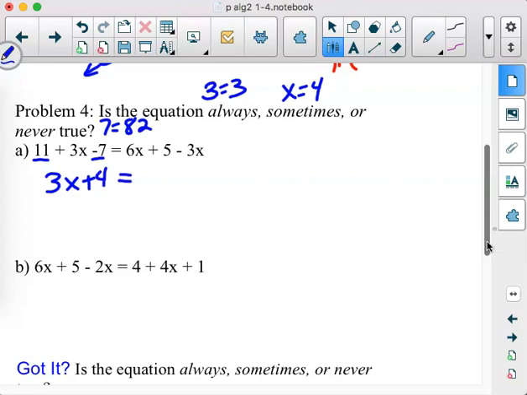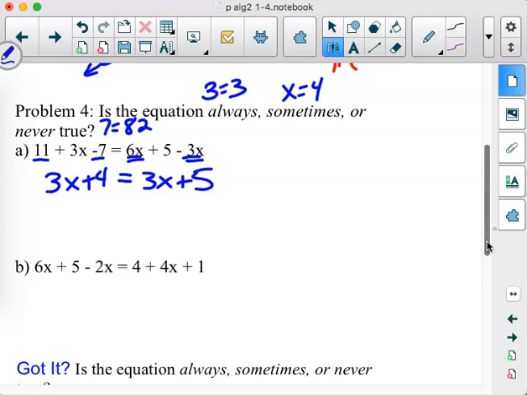I'm just trying to pull them together on the left-hand side to simplify this a little bit. On the right-hand side, I notice that I have a 6x minus 3x. Well, I wouldn't leave it like that. I'd make it 3x plus 5. So again, we're not moving them over to the other side. It's not a matter of doing the exact same thing to both sides. We are just simplifying the left side and then simplifying the right side.